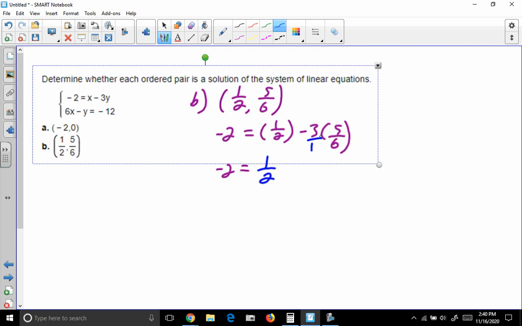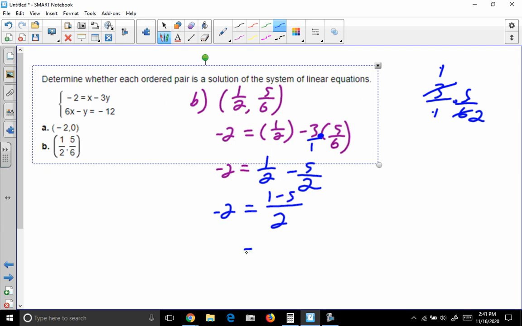Order of operations tells us to multiply before we subtract. If we're multiplying 3 over 1 times 5/6, we can reduce before we multiply. 3 goes into 3 once, 3 goes into 6 twice. So we're left with 1 times 5 on top, 1 times 2 on bottom. We have the same denominators, so we keep the denominators and combine the numerators, 1 minus 5.